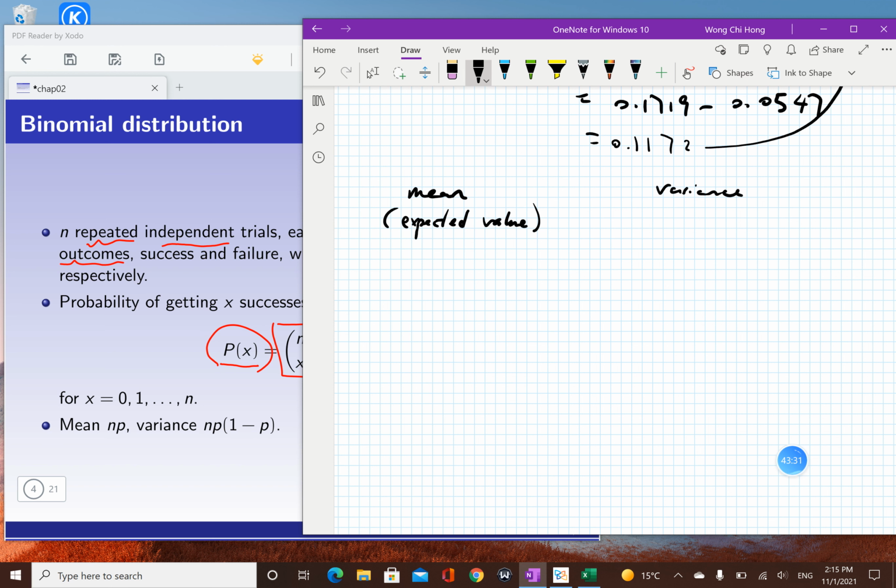If it is positive, that means you're expecting to earn money out of this gambling, then you would go ahead, obviously.